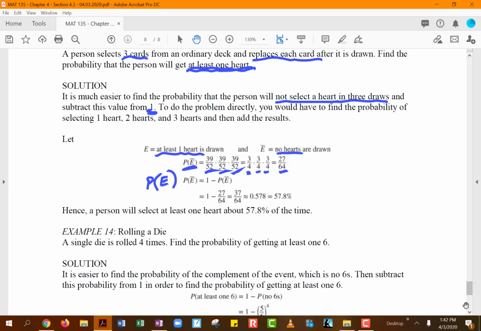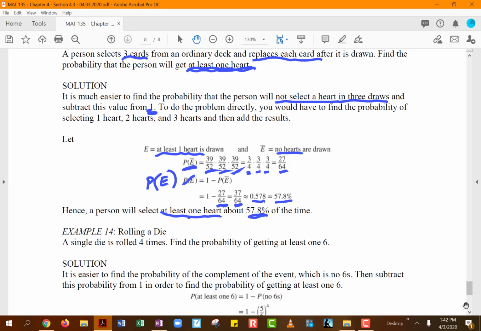So this shouldn't be E bar, this should be E, okay? So this is where you're going to do 1 minus the probability of not drawing a heart. So that's 1 minus 27 over 64, which comes out to be 37 over 64, or 0.578, or approximately 57.8%. So the probability that a person will select at least one heart is about 57.8%. Okay?